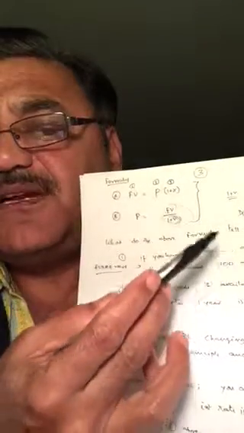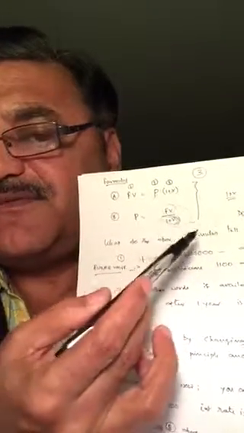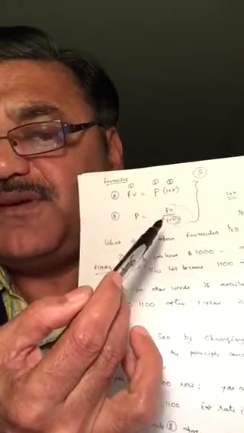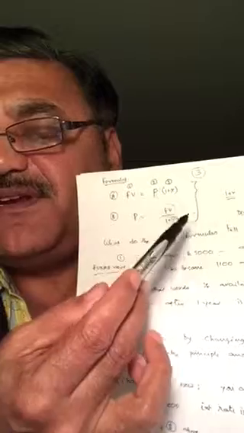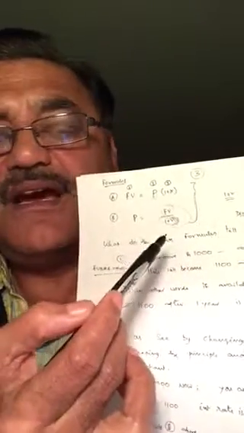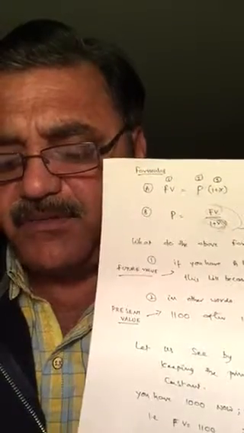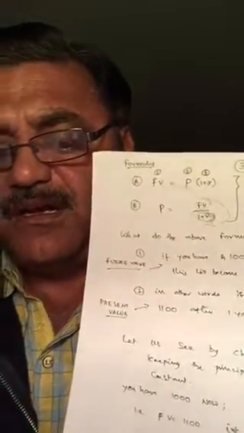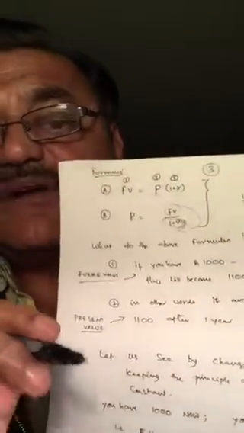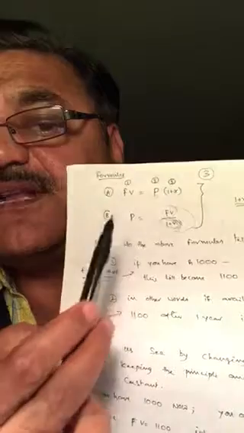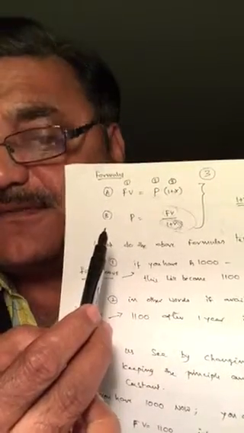So I will discount it with 10% for 3 years, that is 1.10 raised to the power of cube. That means 1500 by 1.331 gives you 1127 rupees approximately. So this 1500 is equal to 1127 rupees of today.